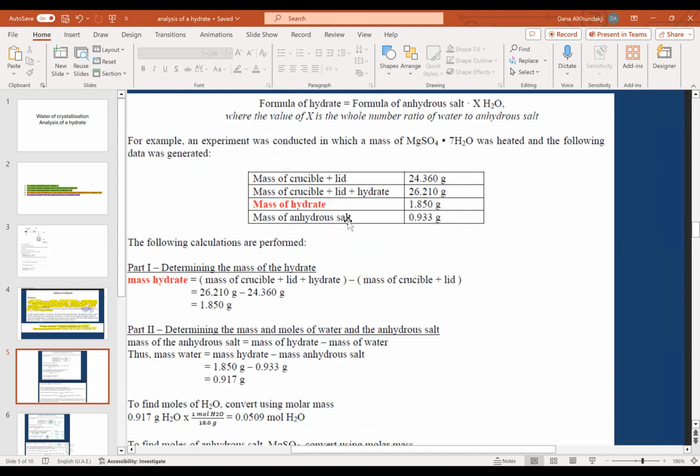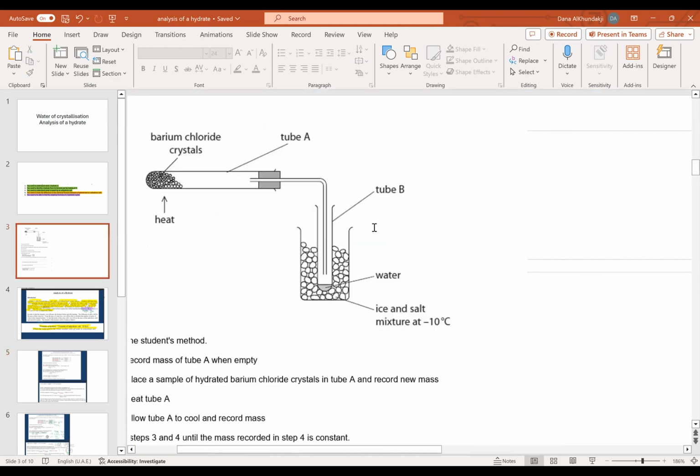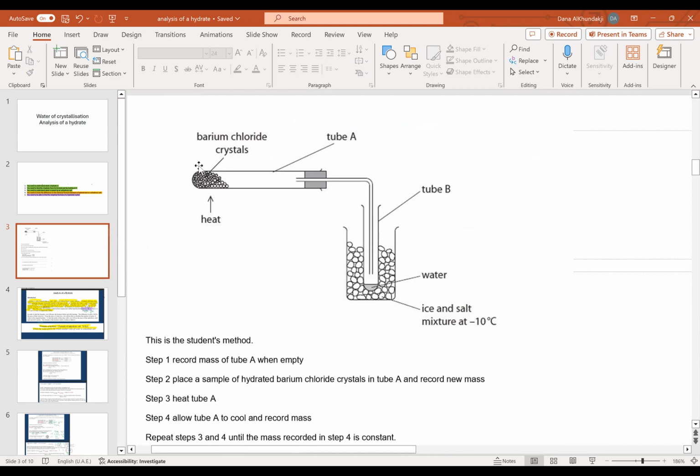Now the mass of the anhydrous salt is found after heating the apparatus. After you heat it, whatever mass remains in the apparatus is the mass of the anhydrous one without the water of crystallization. So that's where they got their data from.